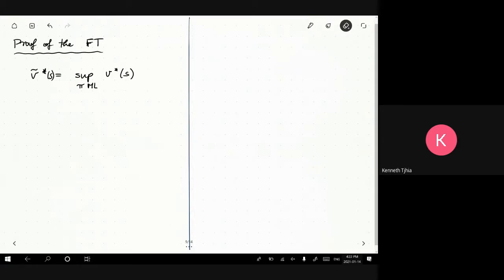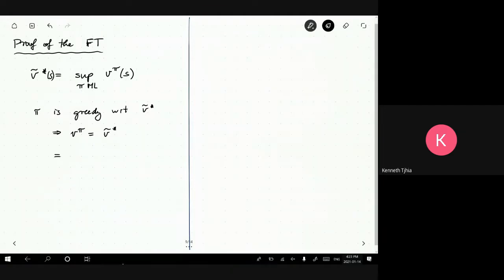So it's the maximum value that you can get with memoryless policies. Then it's easy to prove that if pi is greedy with respect to this modifiedly defined, restricted optimal value function, then the value function of pi is going to agree with this.